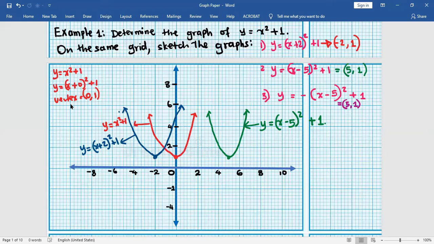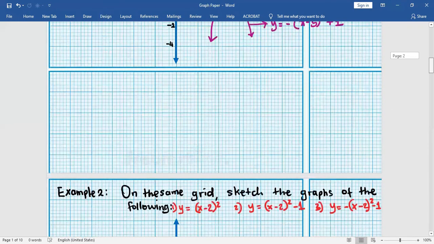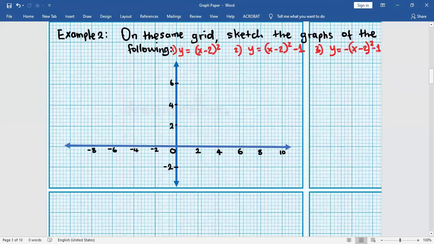So this can be the sketch of y is equal to minus (x minus 5) squared plus 1. Okay, so I believe now you should have understood how to sketch the graphs of quadratic functions which are in the vertex form.